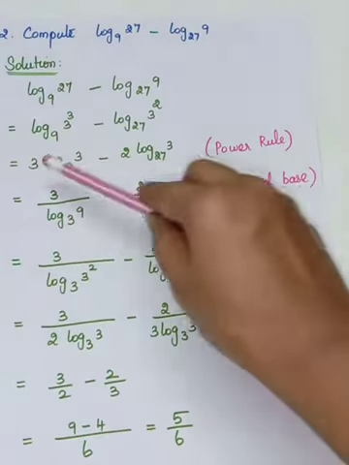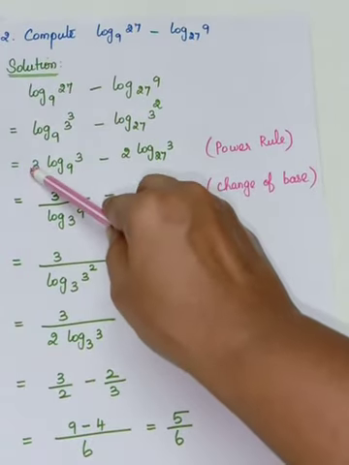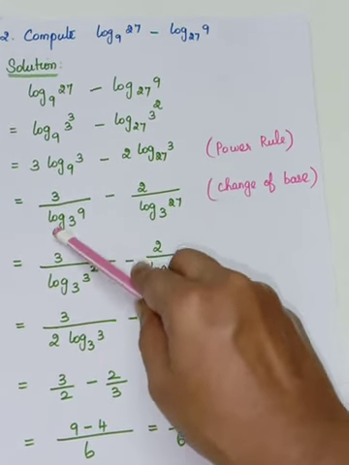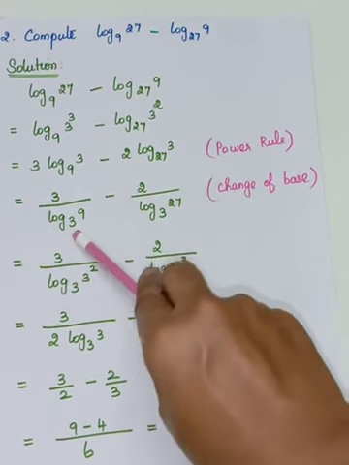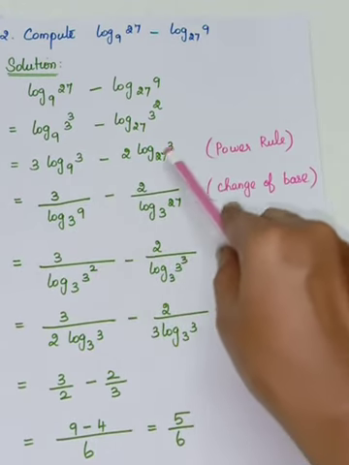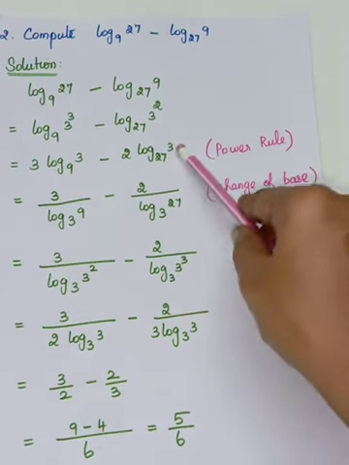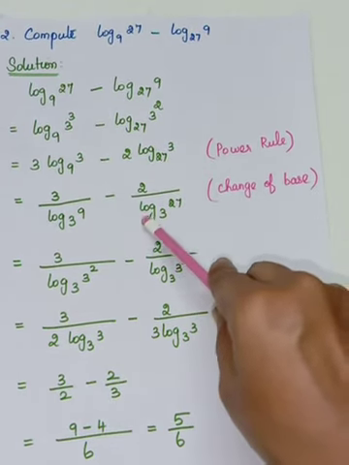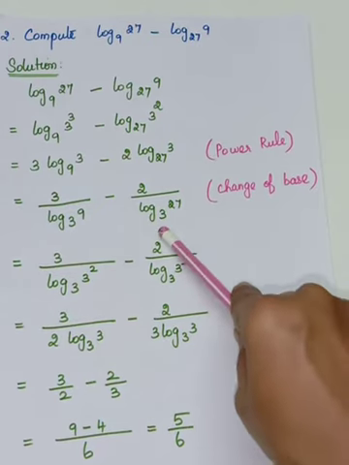Now here you have 3, so 3 is already there. So 3 times 1 by log 9 to the base 3, minus 2 is present here. If you want to change the number to the base, it is written as 1 by log 27 to the base 3.